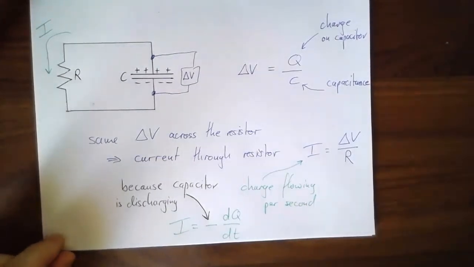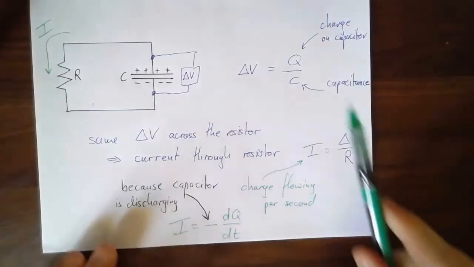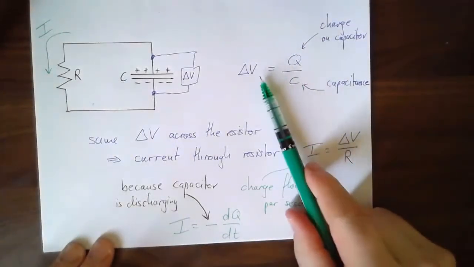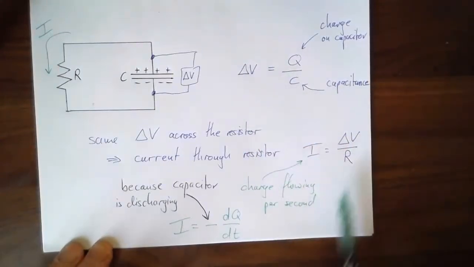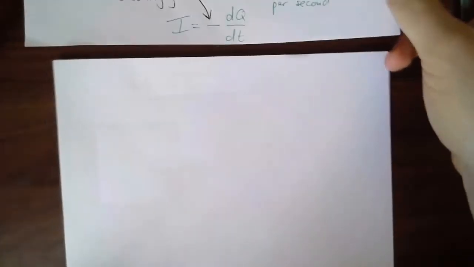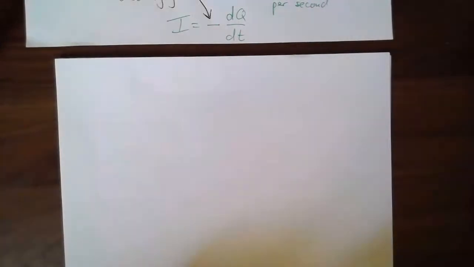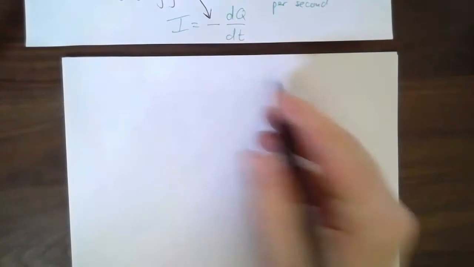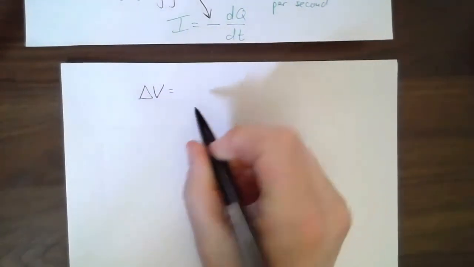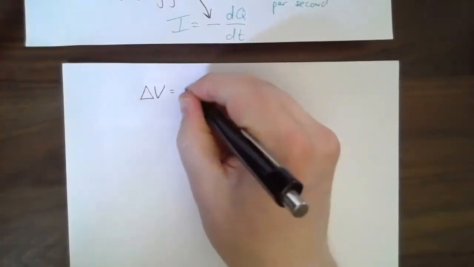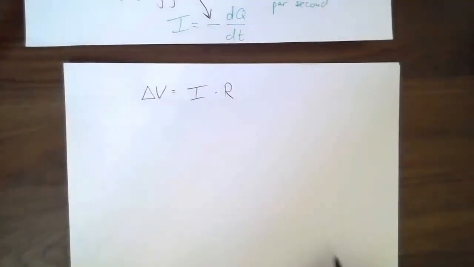So let's put the pieces together. We have that the charge on the capacitor is equal to the potential difference times C, but we also have that the potential difference is equal to I times R. Let's write this down. We have delta V is equal to I times R for the resistor.